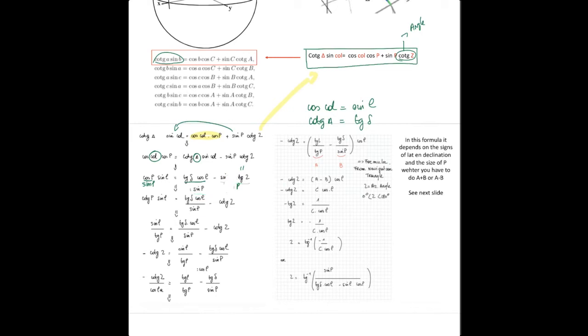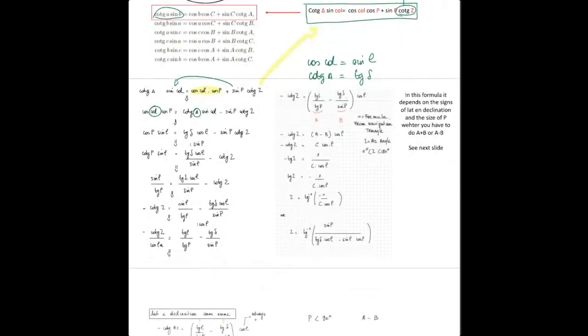I'll erase this once again. Then we say that the sine of L we bring to here. This gives us the tangent of P, so this can be removed. We take the opposite, I mean not the inverse. So this gives us this formula here, and then we bring the minus cotangent to the front, and this to the other side.